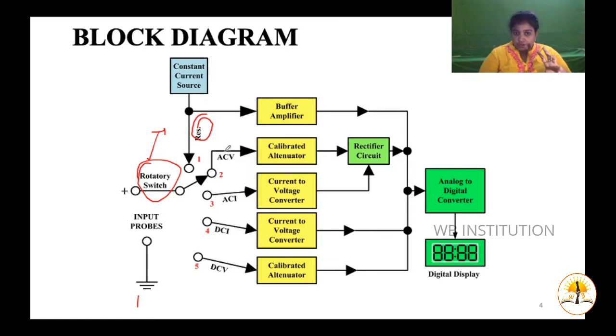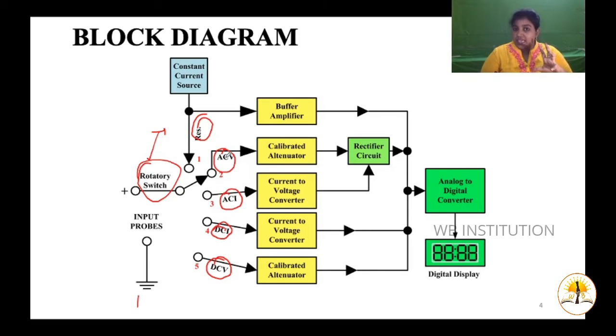ACV is AC voltage, ACI is AC current, DCI is DC current, and DCV is DC voltage. RES is your resistance.